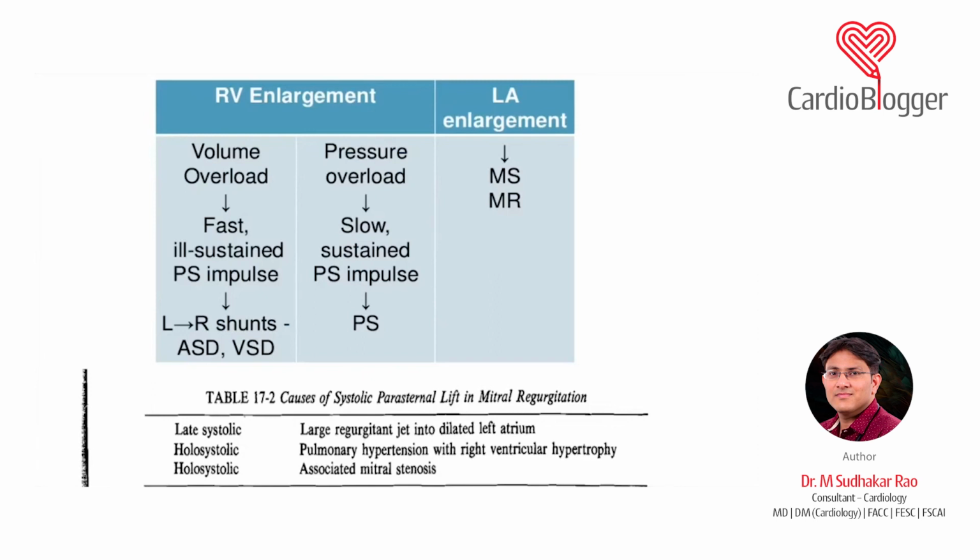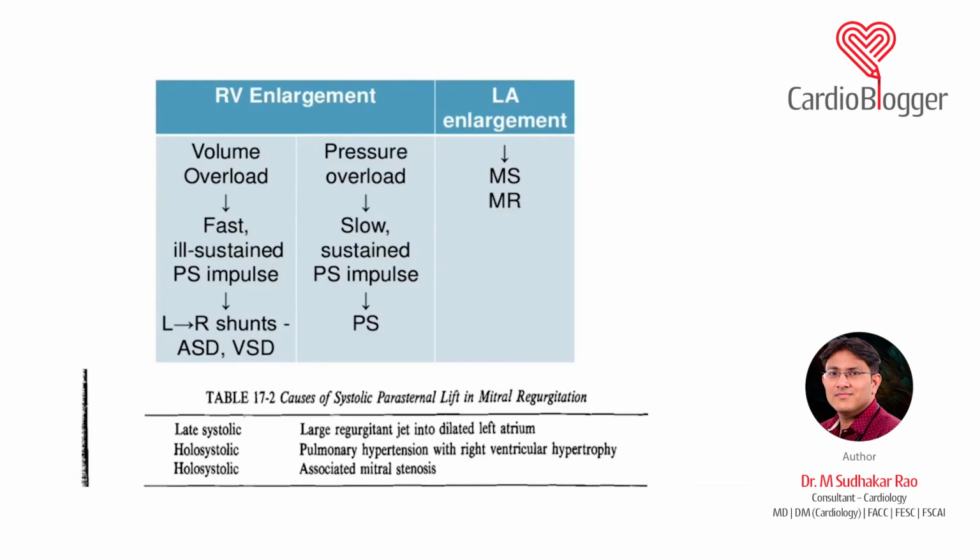Because the LA is posterior and all the blood is coming to it, we get a lift of your hand. That is the parasternal lift. Usually we see it in patients with chronic severe MR and not in acute MR, where the LA is small and not large. So this is known as a parasternal lift.